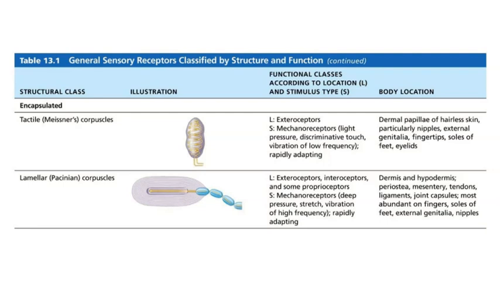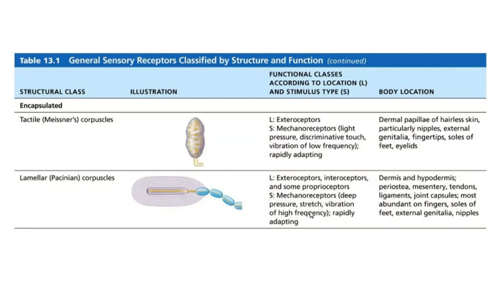In the deeper parts of the dermis, we see structures called lamellar or Pacinian corpuscles. Because they're deeper in the dermis, they respond not to light pressure, but to deep, heavy pressures on the skin, as well as stretch and high-frequency vibration.